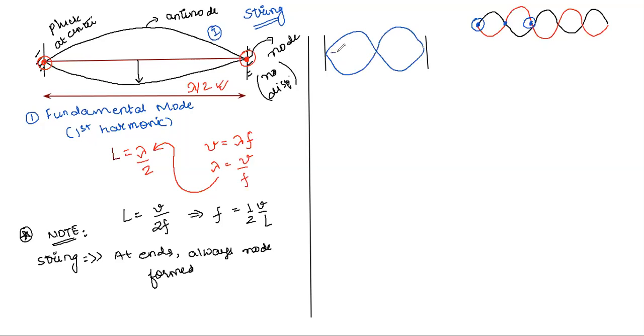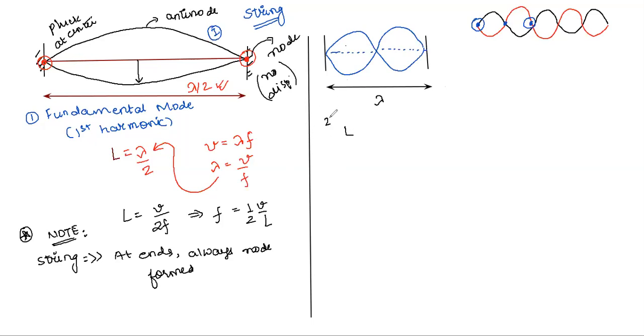Will it look something like this, Karuna? Correct? Yes, sir. Now, Anukriti, tell me what will be the value of length now in terms of lambda? It will be lambda only, sir. Lambda only. Absolutely correct. Or what can I write it in terms of lambda by 2? 2 lambda by 2. Absolutely correct.